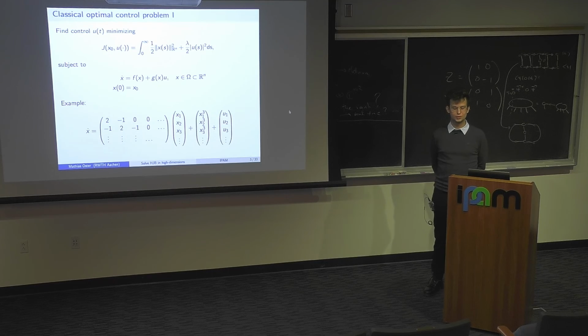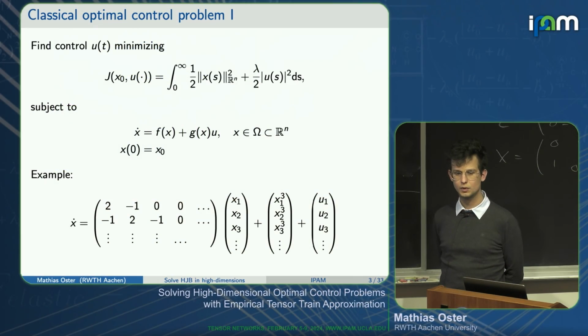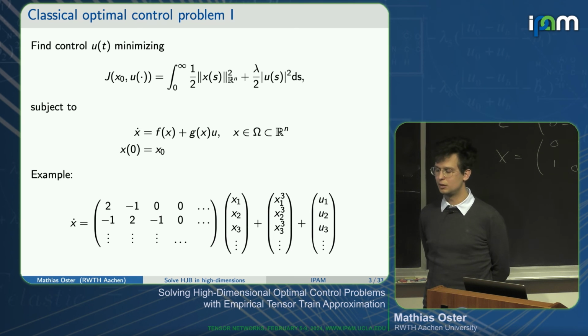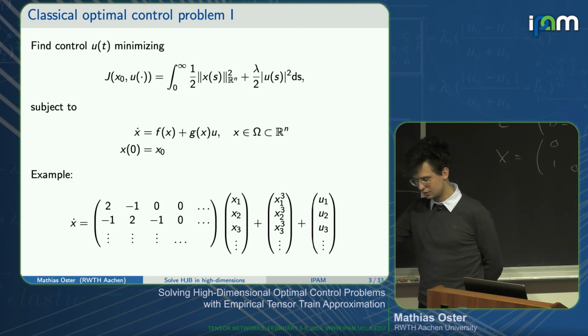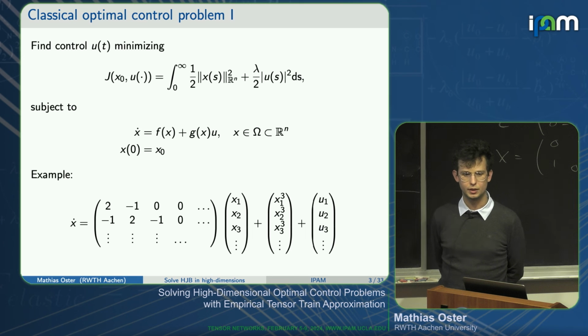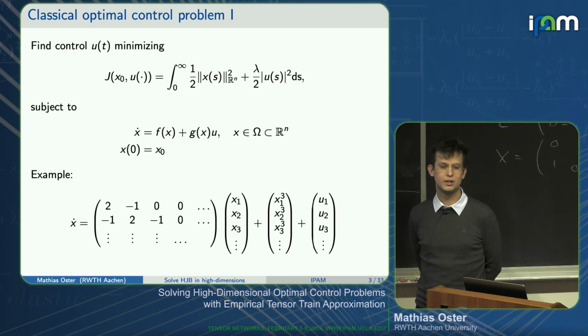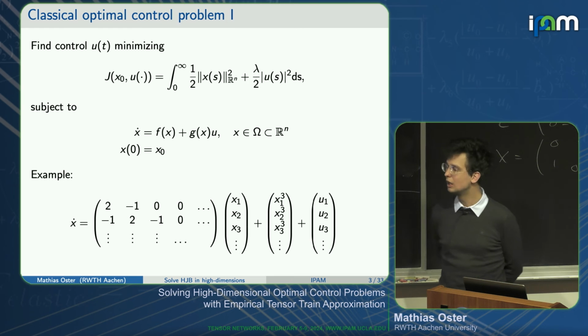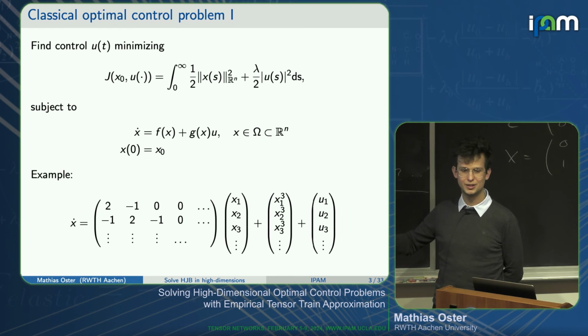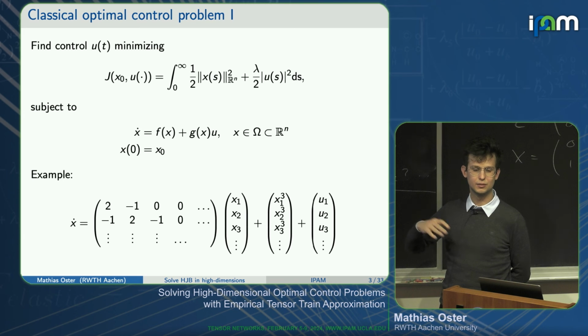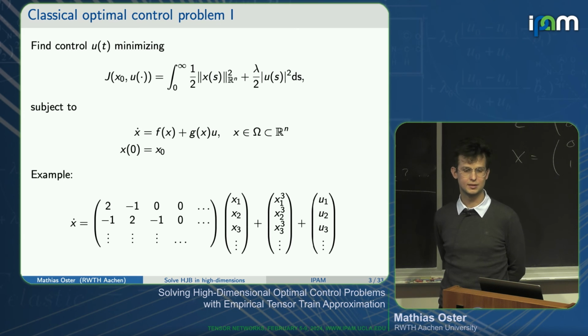Yeah, you start with some initial value on your system, and you want to let it go to 0, to the origin. So in a PDE, let's say you have a temperature distribution, you want that it's 0 everywhere at the end. Right, this is one very particular example of optimal control. But if you have a desired outcome, you can always look at the difference, and then it will come to more or less the same thing.